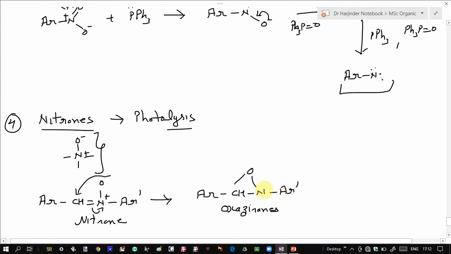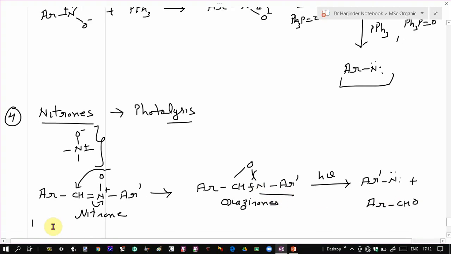Now these oxaziridines undergo photolysis in presence of light to give rise to a corresponding aryl nitrene plus this aldehyde. So this portion gives rise to the aldehyde and this portion gives rise to the corresponding nitrene.